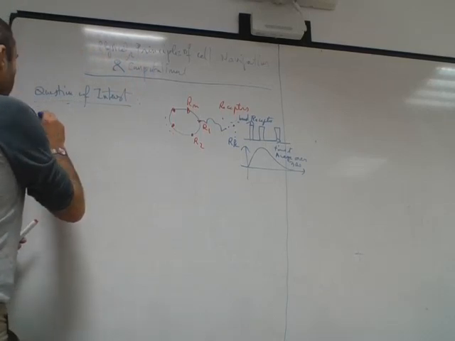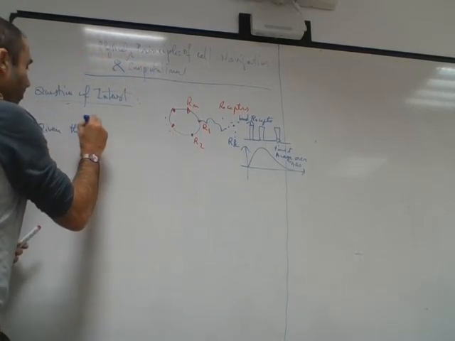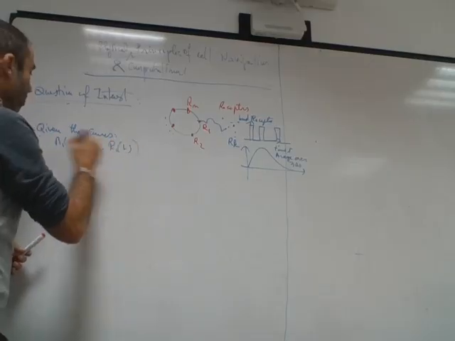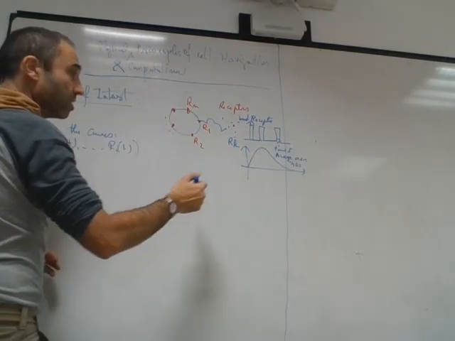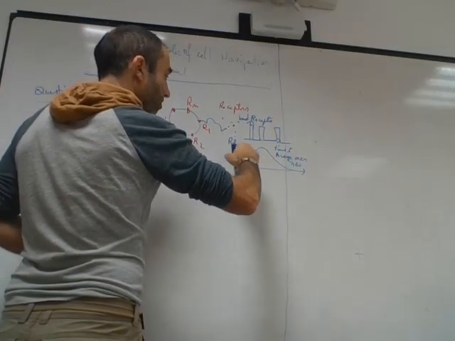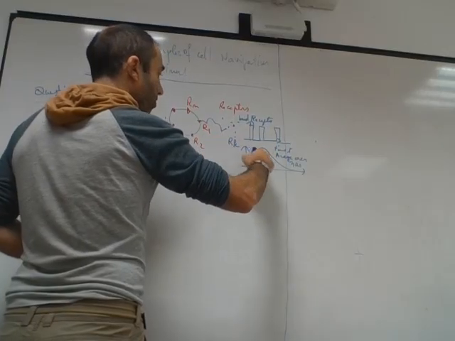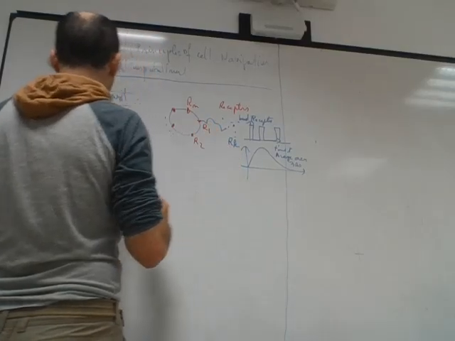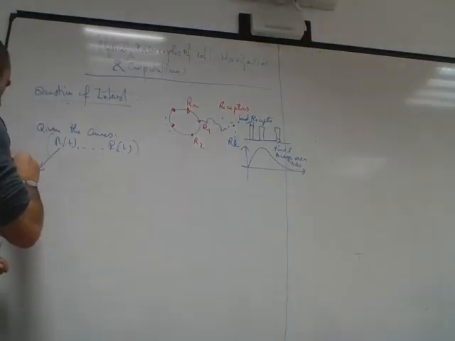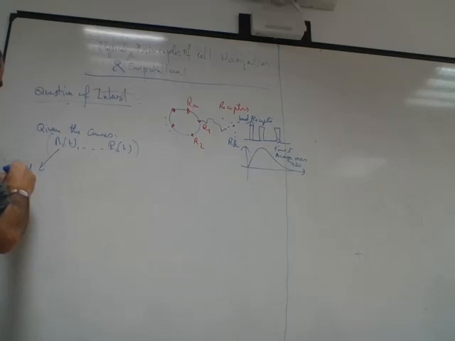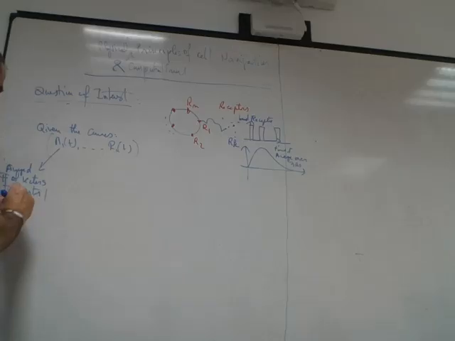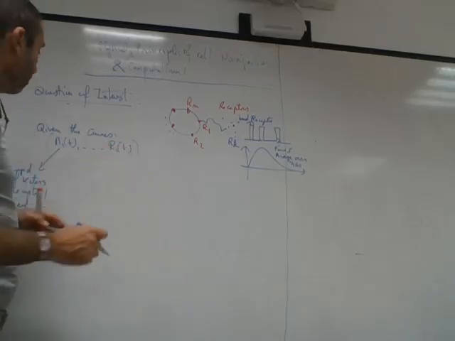Given the curves R1 of t, Rn of t, where Rk of t is the average number of molecules that have been at receptor K at time t, you get this vector.